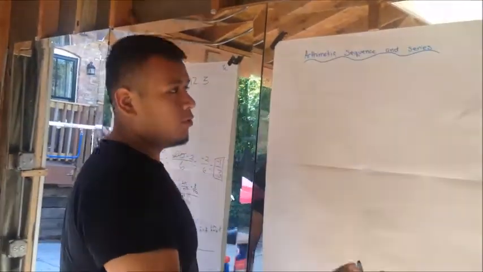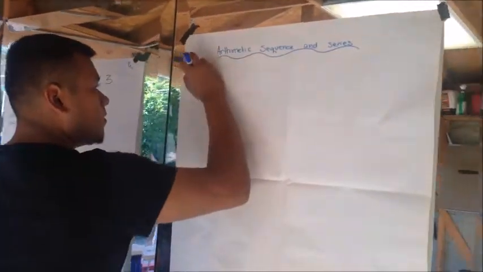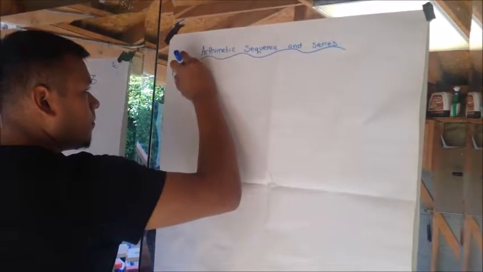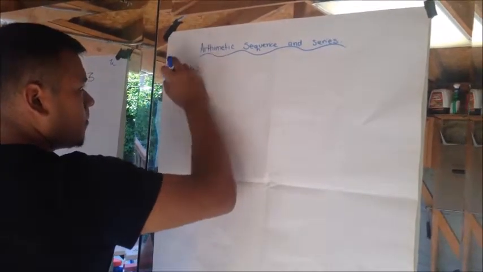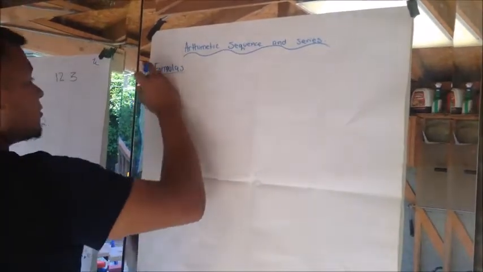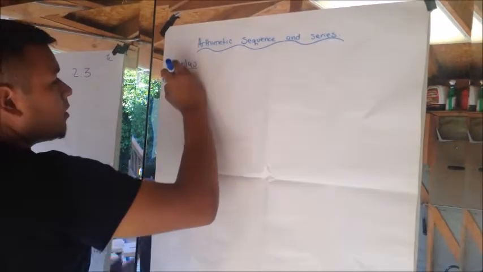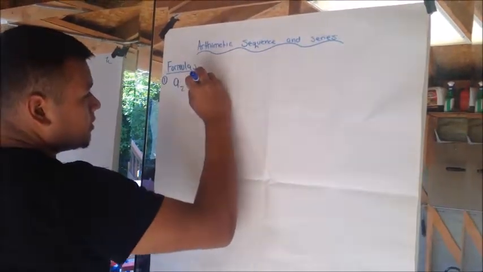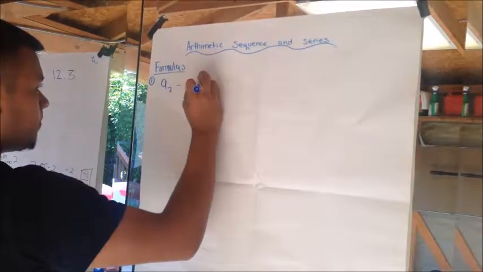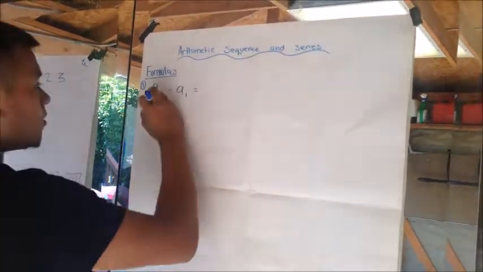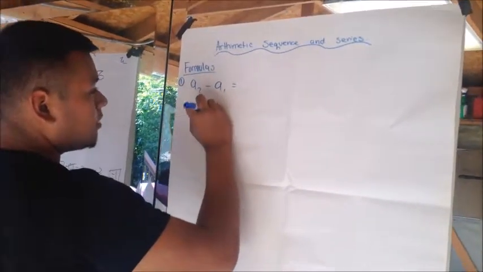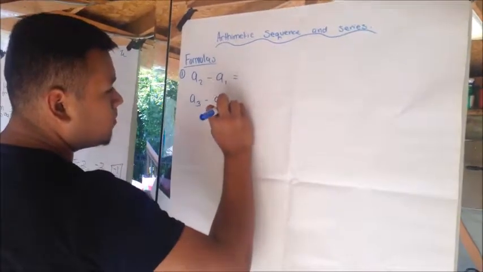Hi guys, I'm here to explain arithmetic sequences and series. First, I'm going to give you some formulas that we can use. The first formula is A2 minus A1, or A3 minus A2.